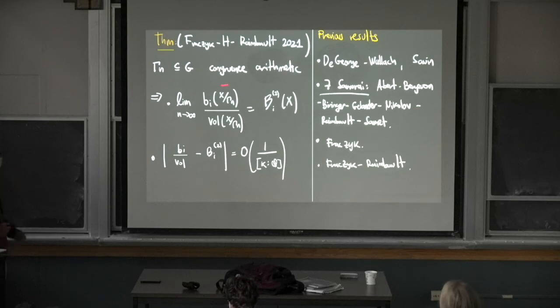That is not a consequence only of our work; we have a heavy input of work by a group of people known as the Seven Samurai: Abert, Bergeron, Breuillard, Gelander, Nikolov, Raimbault, and Samet. They proved this in the case where G has higher rank and property T, some special properties.